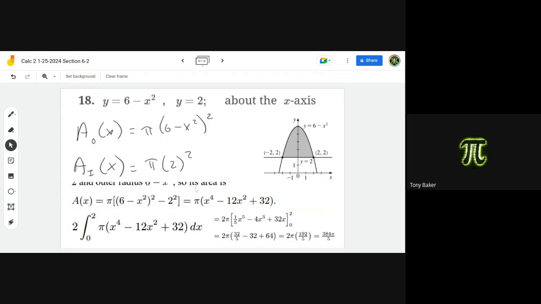Did you get to x to the fourth minus 12x squared plus 32? I got x to the fourth minus 2x squared plus 32. It's okay. If it was 1 minus x squared, you'd have been right. But it's a 6, so you have 6x squared and 6x squared, which comes to the negative 12x squared when you FOIL it.